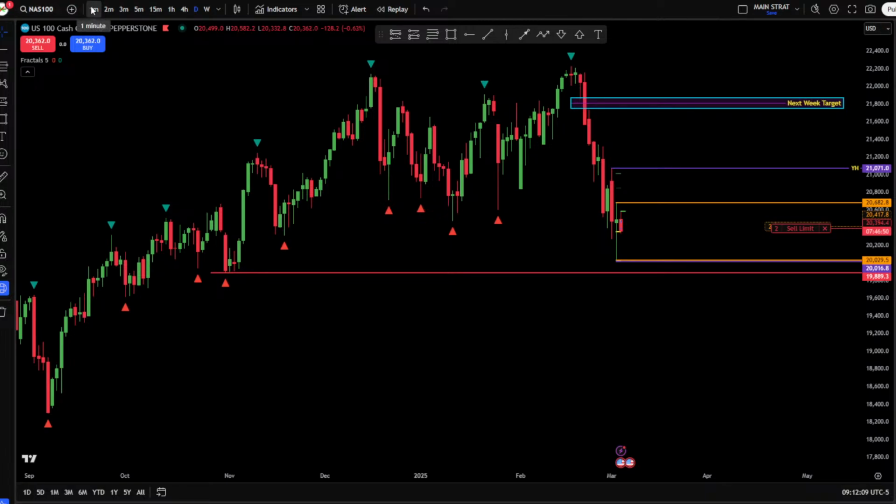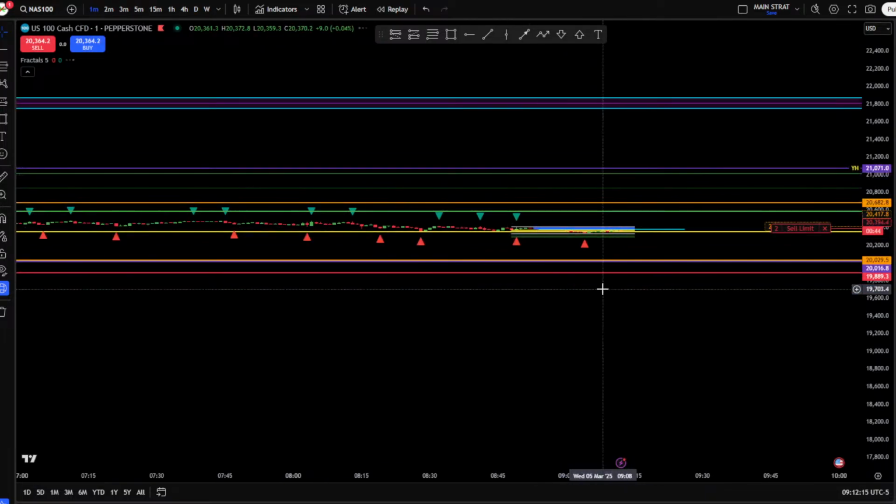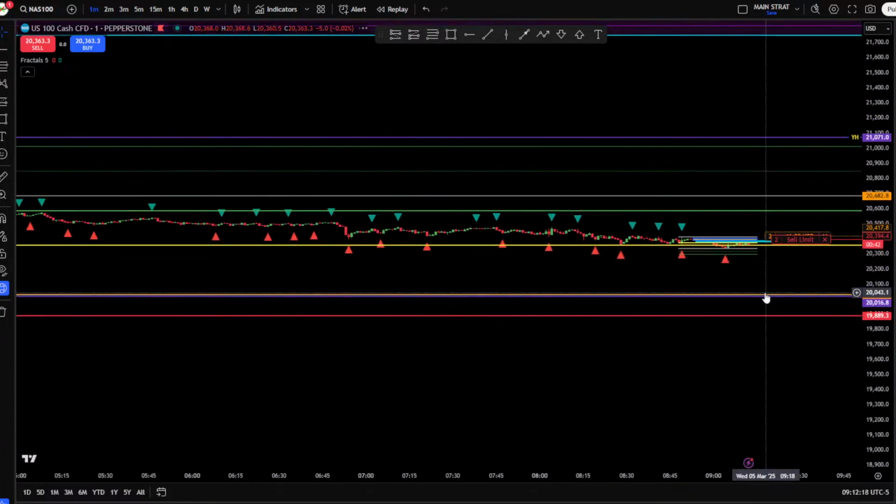So I think we have a good possibility to aim for the highs, the daily high, or yesterday's high. Or we'll have an inside candle.